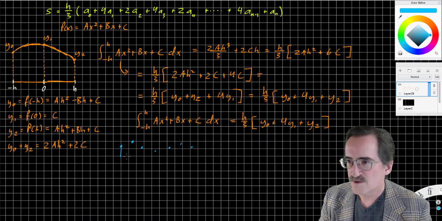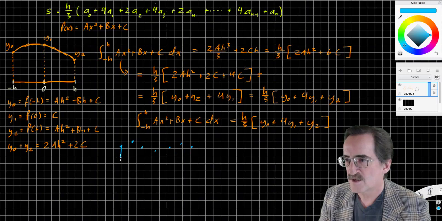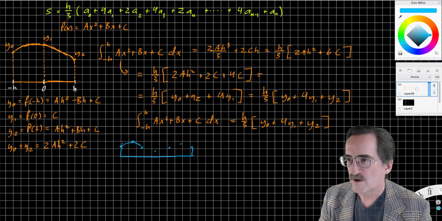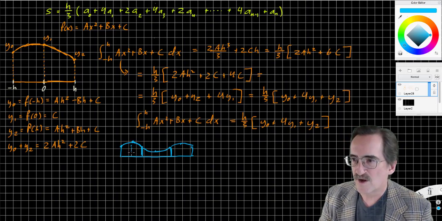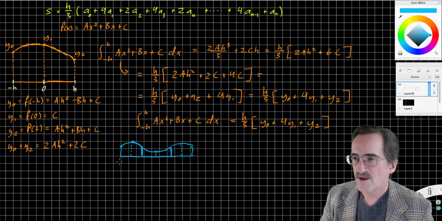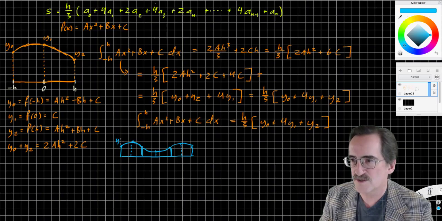So this becomes a parabola here, a parabola here, and a parabola here. So we literally have 3 parabolas, right? But we've actually got 2, 4, 6 intervals. Okay, and let's call this y0, this y1, this y2, this y3, this y4, this y5, and this y6.